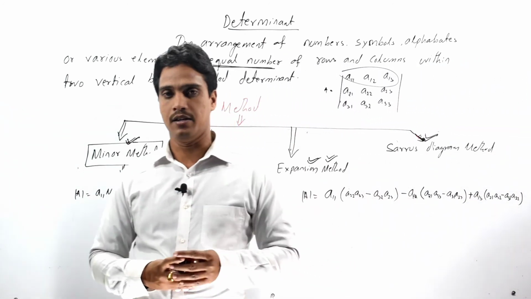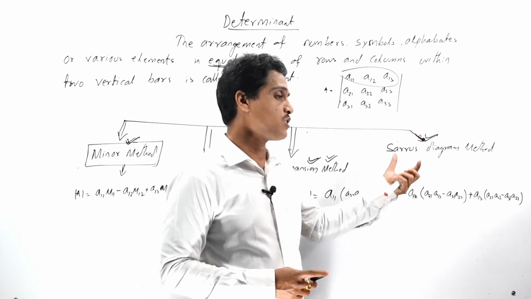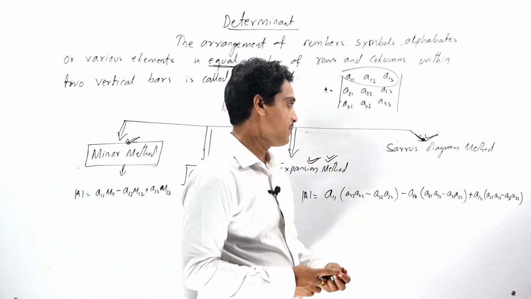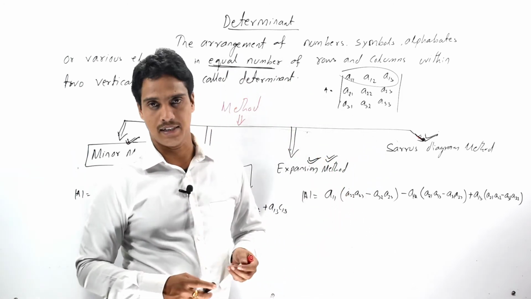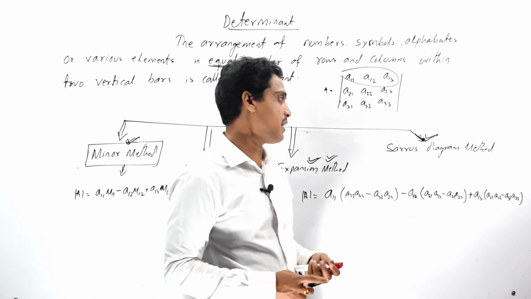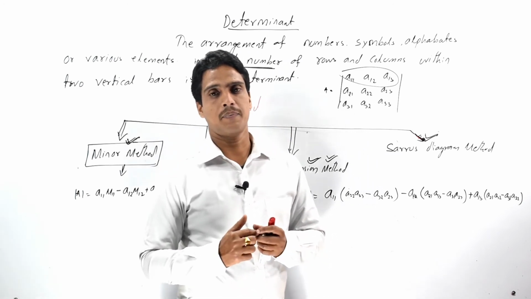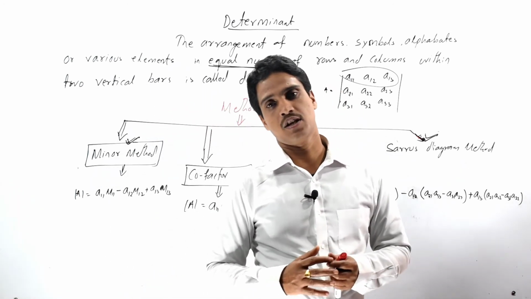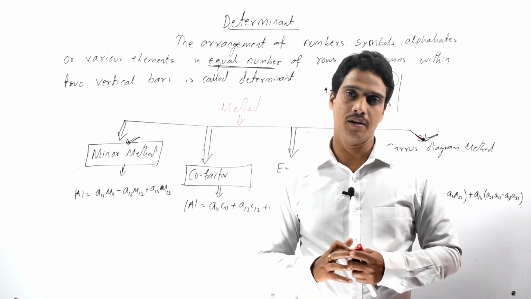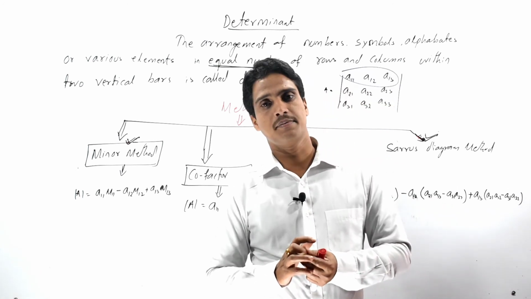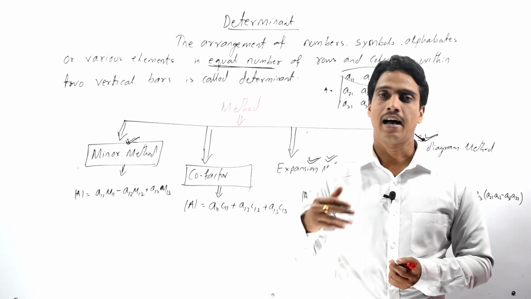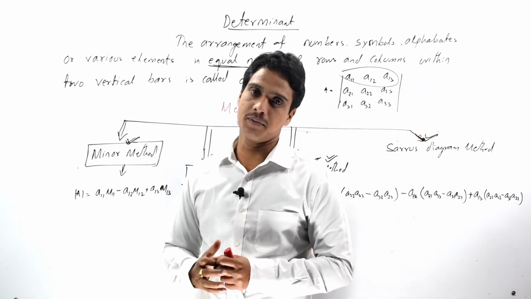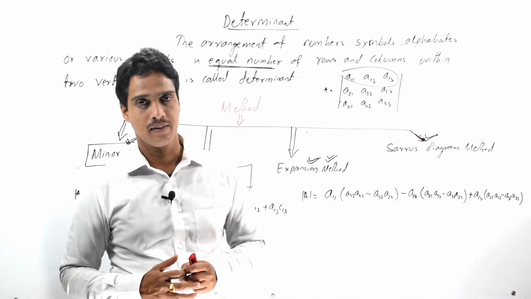Under this method, we should follow certain steps before computing the value of the determinant. In our first step, we should repeat the elements of the first column and the second column as our fourth column and fifth column respectively.